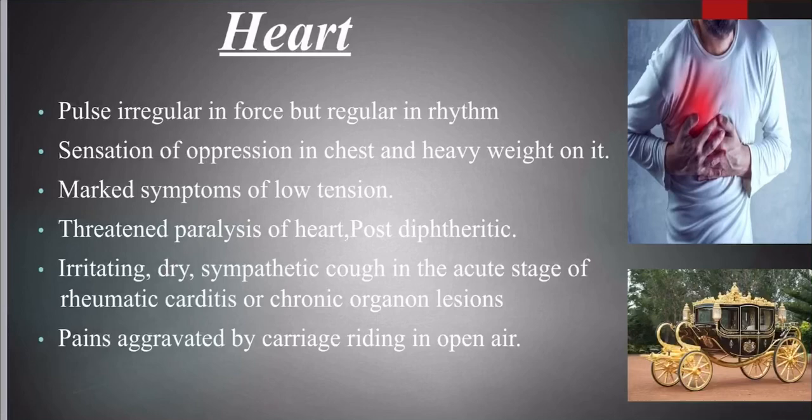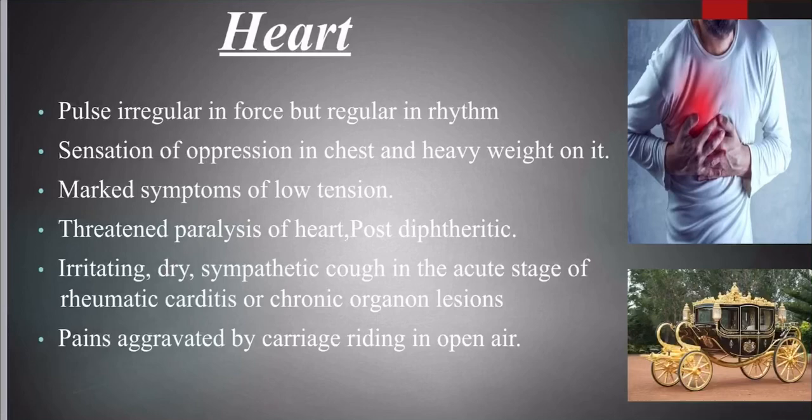Irritating, dry, spasmodic cough in the acute stage of rheumatic carditis or chronic organic lesions. So guys, how is the cough in the person? It is irritating, dry and spasmodic. When does this cough occur? In the acute stage of rheumatic carditis.